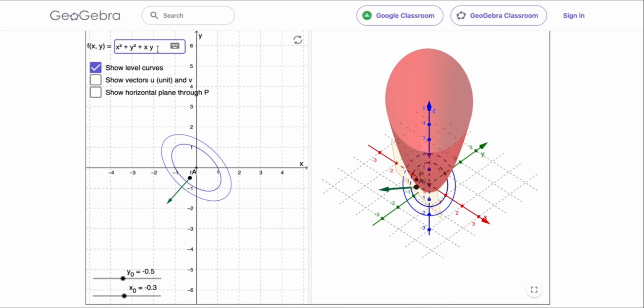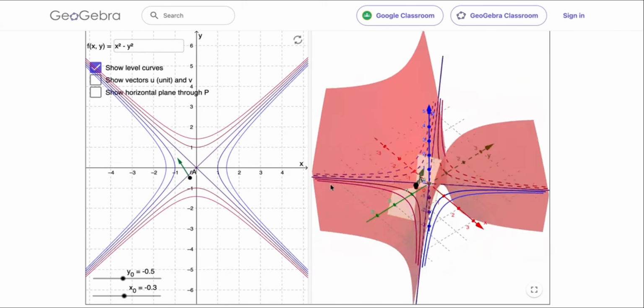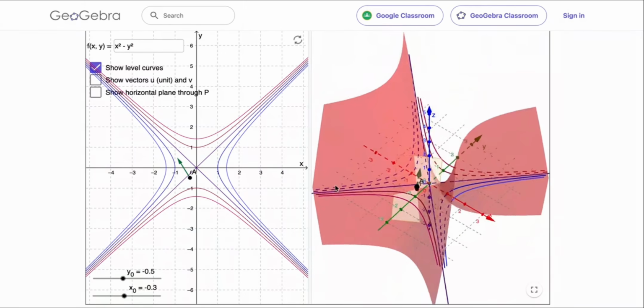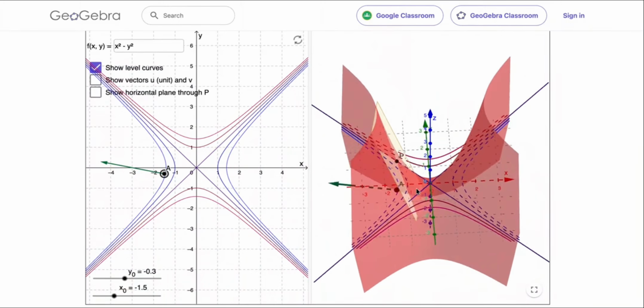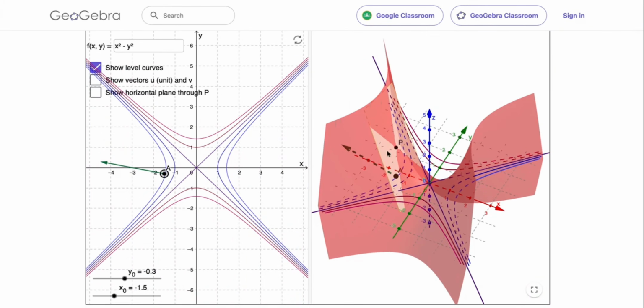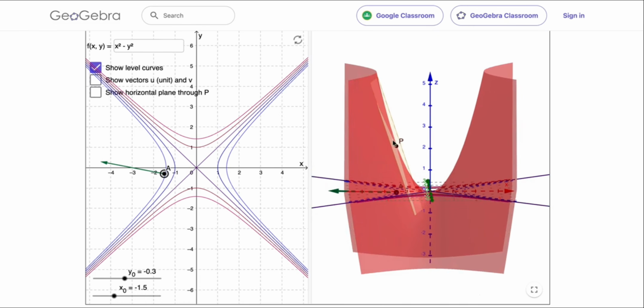I can do another example. Let's say if this was x squared minus y squared. I know that's a mouthful to look at, but notice how when my point is here, the gradient points outwards, because it points towards the direction of steepest ascent, which in this case is going this way, right? It points to the left in this case, right?